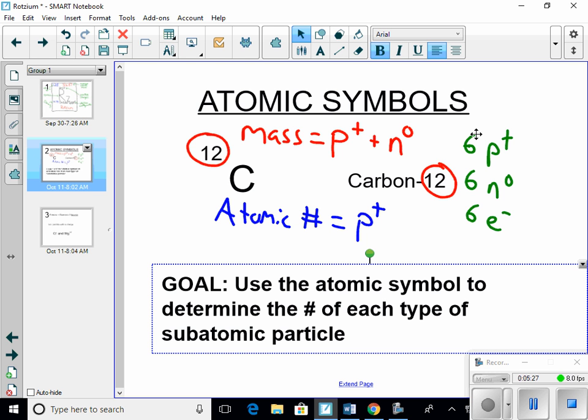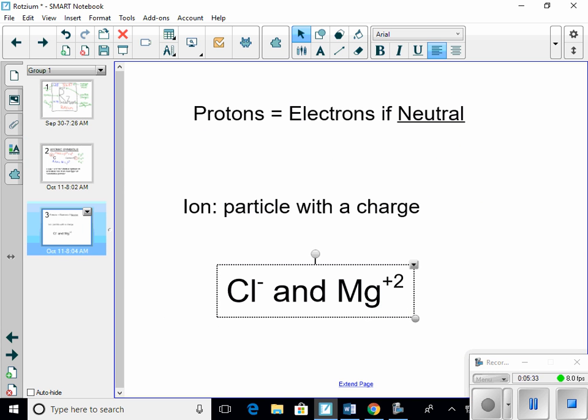One more thing I want to go over with these atomic symbols and the number of subatomic particles is something I just stated before. If protons and electrons are the same number, it's considered a neutral atom. However, just like on the homework sheet you did, some things have a charge.